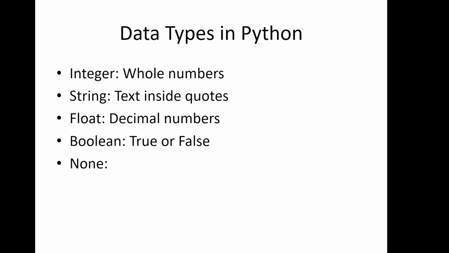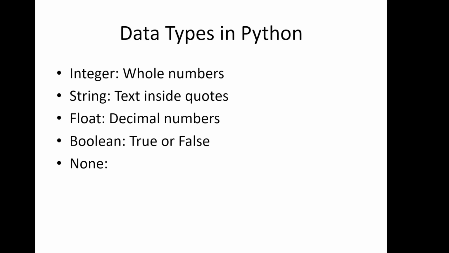A string is used to store text or characters. It is a rule that strings are written inside quotes, double quotes. For example, name is equal to "Lalit" in double quotation marks, or city is equal to "Delhi" in double quotation marks. Float is used to store decimal numbers.